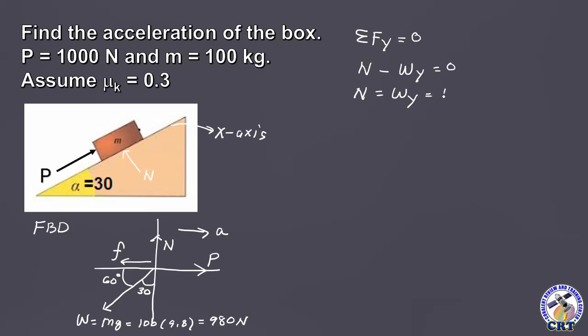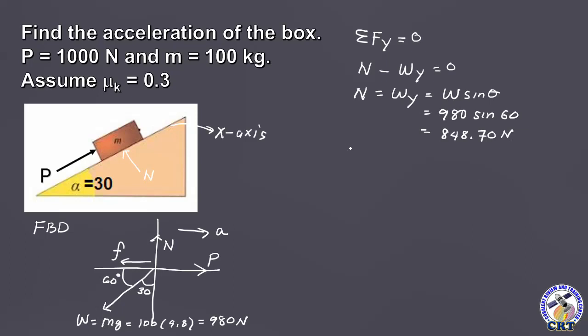And Wy is W sine of theta. This is equivalent to 980 sine of 60 degrees. 980 times sine 60 degrees, use your calculator. This is equivalent to 848.70 newtons.